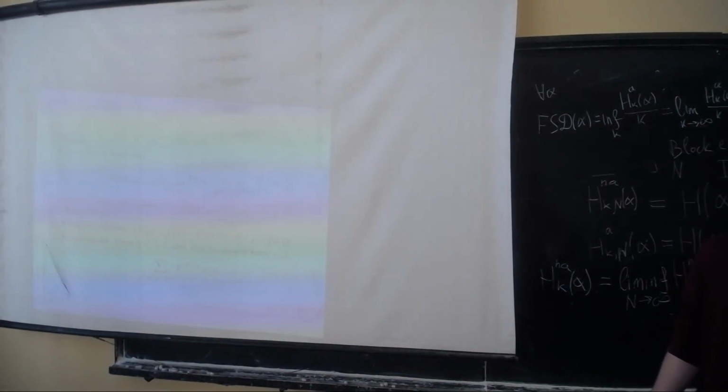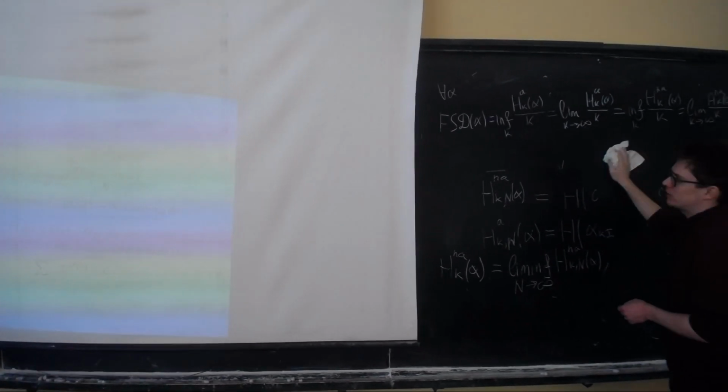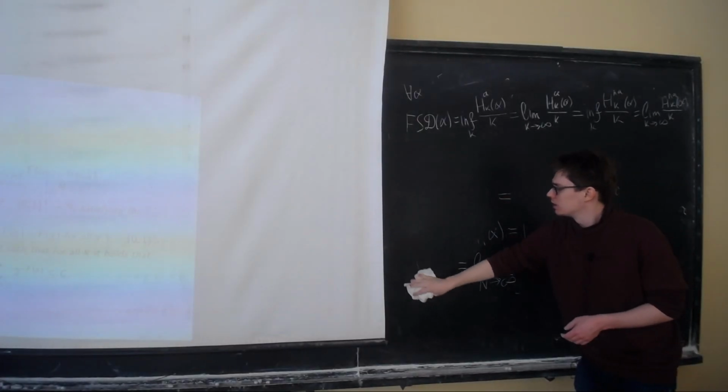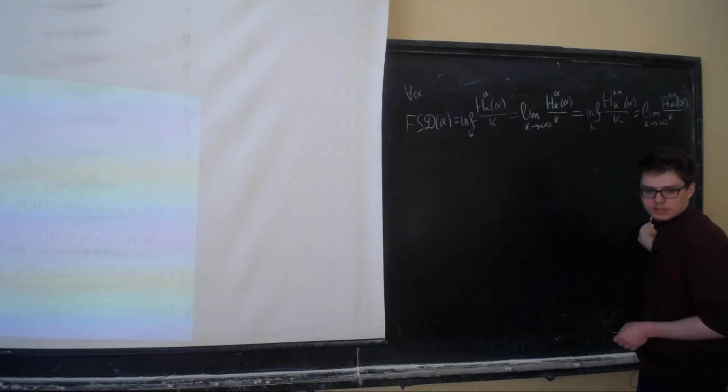So, the second equivalent definition of finite state dimension is a Kolmogorov style definition, which can be defined in terms of some complexity functions.